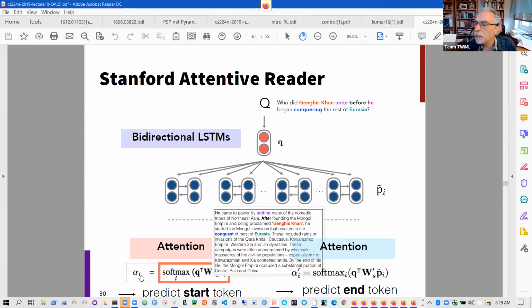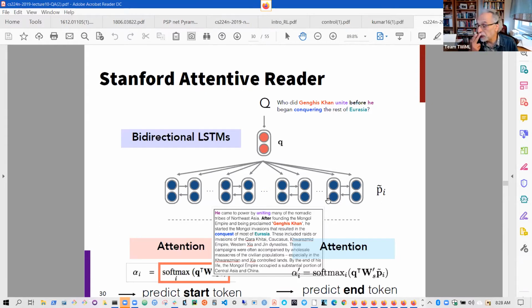And then, okay, so bidirectional LSTMs. I'm not sure what the P is here. I guess P is a passage, but I don't know what the squiggle above it means. So you're comparing the question to all the words in the passage. I think that's what's going on here.